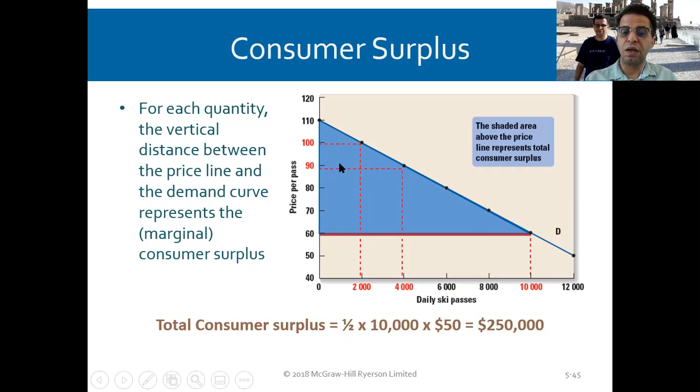You still got a marginal surplus in this blue shaded area, because you were willing to pay more here, but in the market this is the price. So all this area is called consumer surplus.